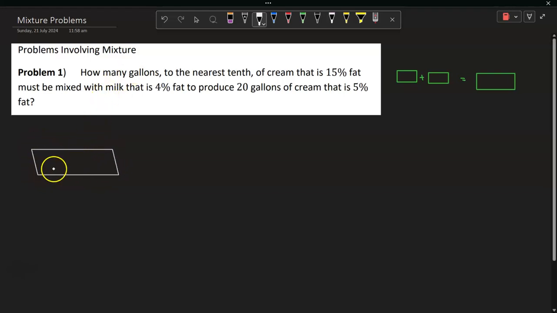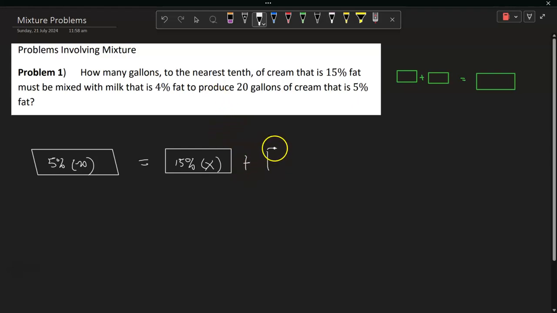So this is 5% of 20 gallons. And what will be our parts? One part is 15% of, we don't know that, and that's what we are looking for.